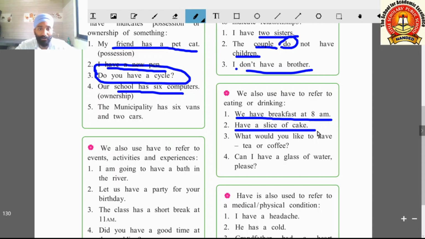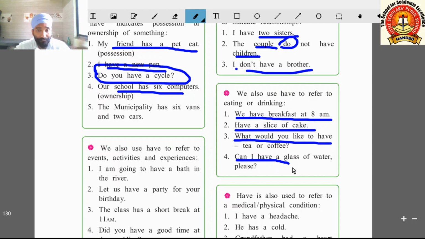You are requesting or advising someone to have a piece of cake, to eat the cake. What would you like to have? Means what would you like to eat or take? Tea or coffee means which thing would you like to drink, that you are asking. Can I have a glass of water please? Here you are using can and have, means can I take a glass of water, this thing you want to ask.